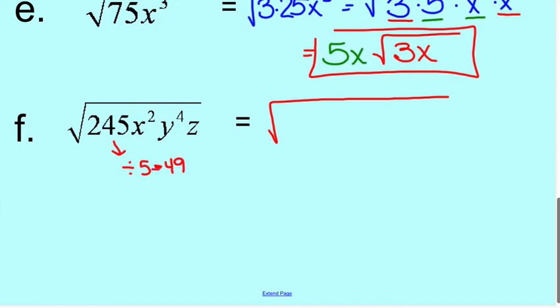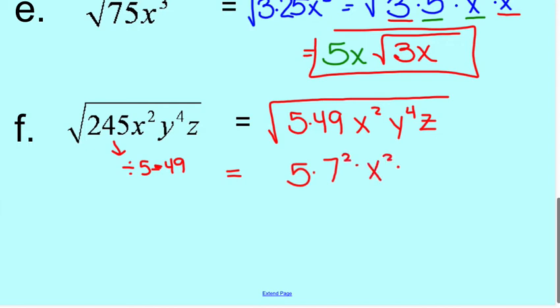And 49 is a perfect square, so 5 times 49, x squared, y to the 4th, z. Then I have 5, 49 is 7 times 7, x squared. And I'm going to break down that y to the 4th as y squared and y squared, and then I have a z.